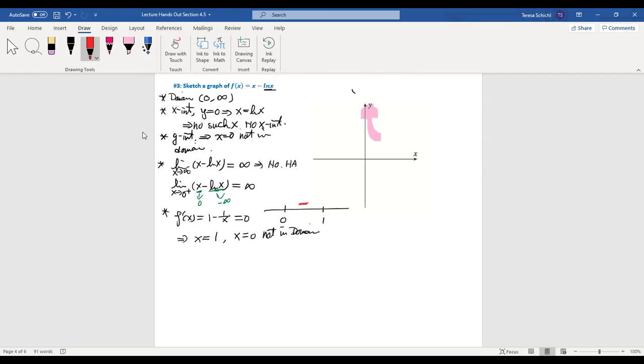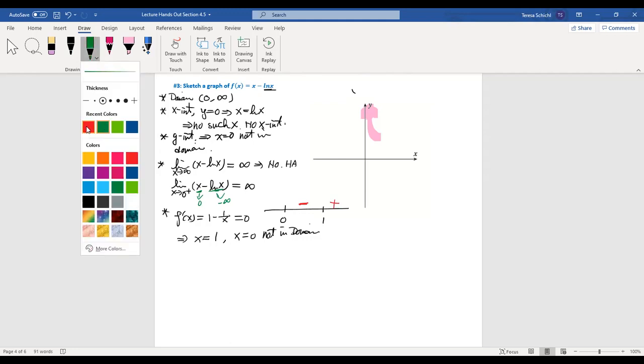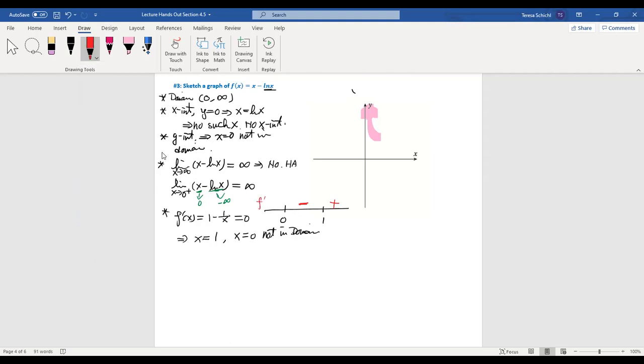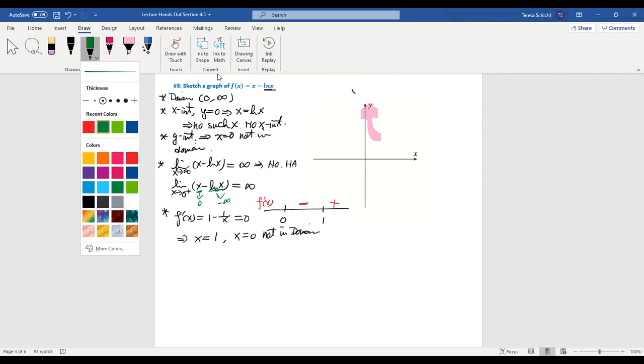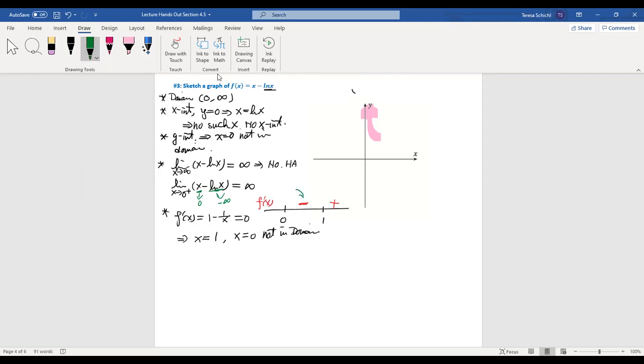Am I right? Everything greater than 1 is going to be positive. So this is our first derivative, and the first derivative determines the function's behavior, increasing or decreasing. So this is decreasing, and this is increasing.